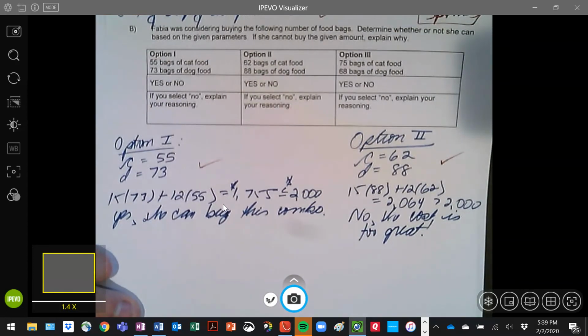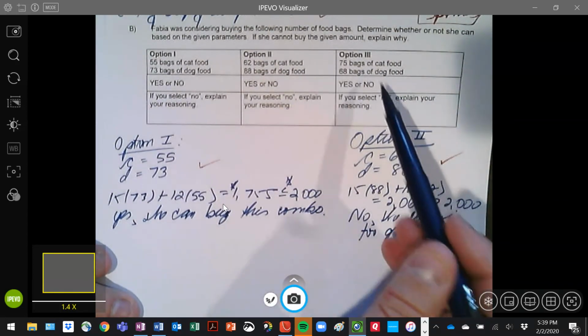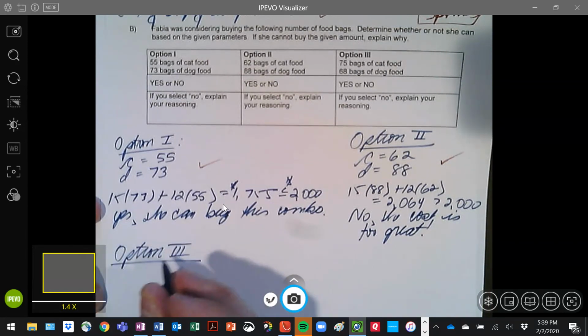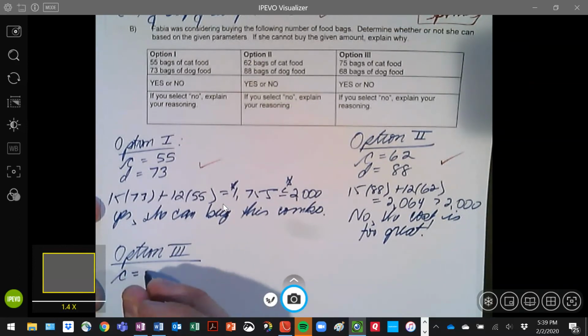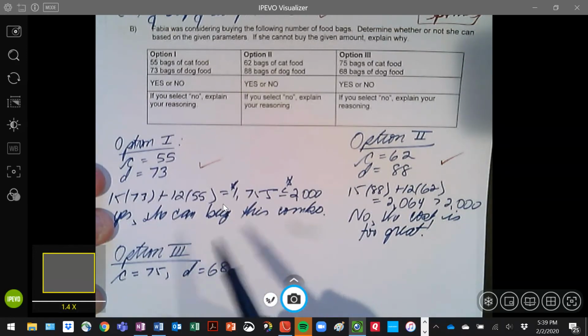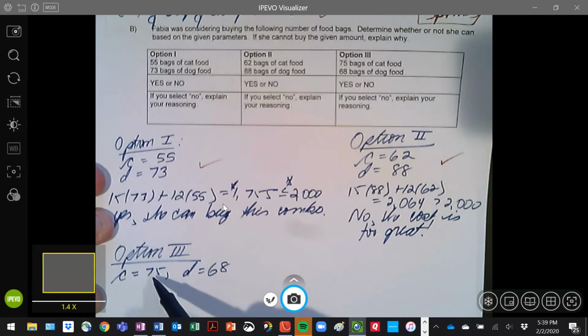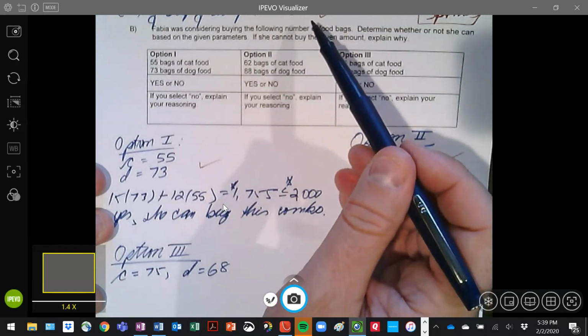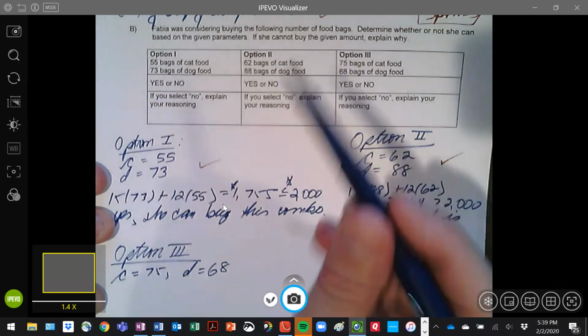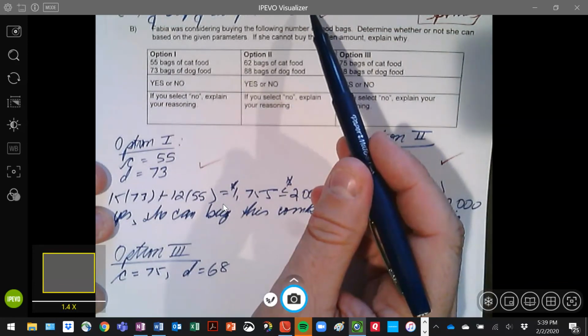All right, option 3, 75 bags of cat food, 68 bags of dog food. So option 3, we said C equals 75, D equals 68. Well, let's see. If C is equal to 75, that is greater than or equal to the 40 bags. But if D is equal to 68, that is not greater than or equal to 70.